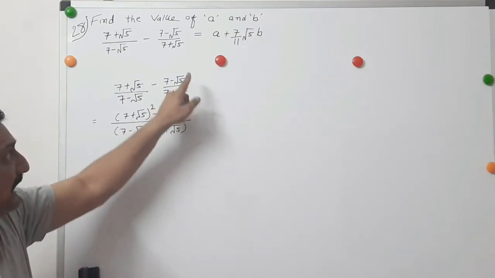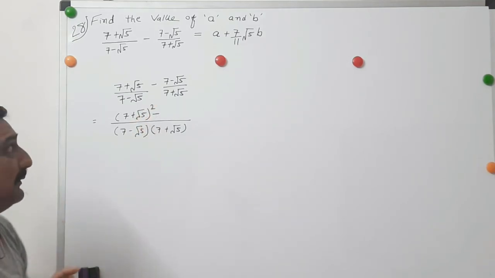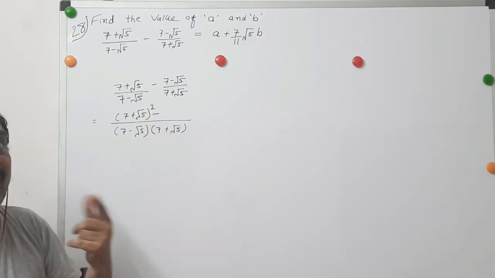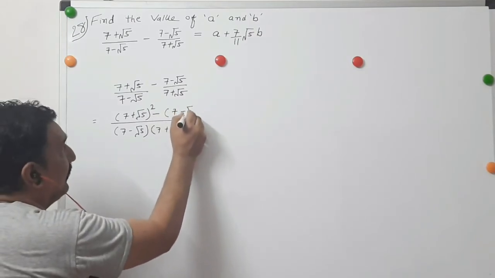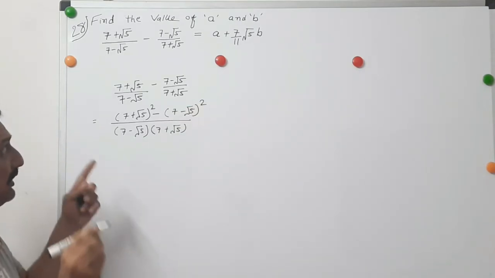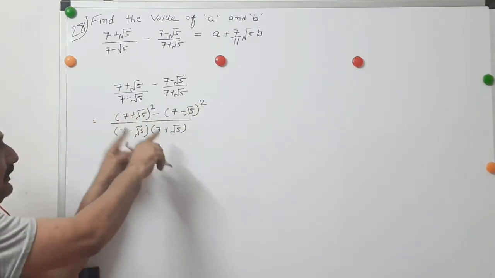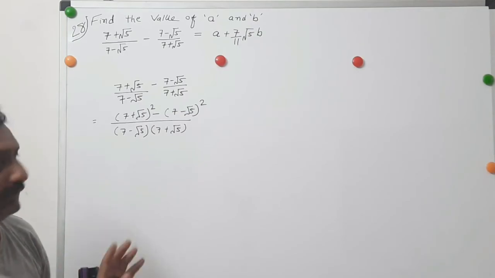So we have to multiply the numerator of the second term by 7 minus root 5 again. So it is (7 minus root 5) whole square. In the whole denominator their product is put.